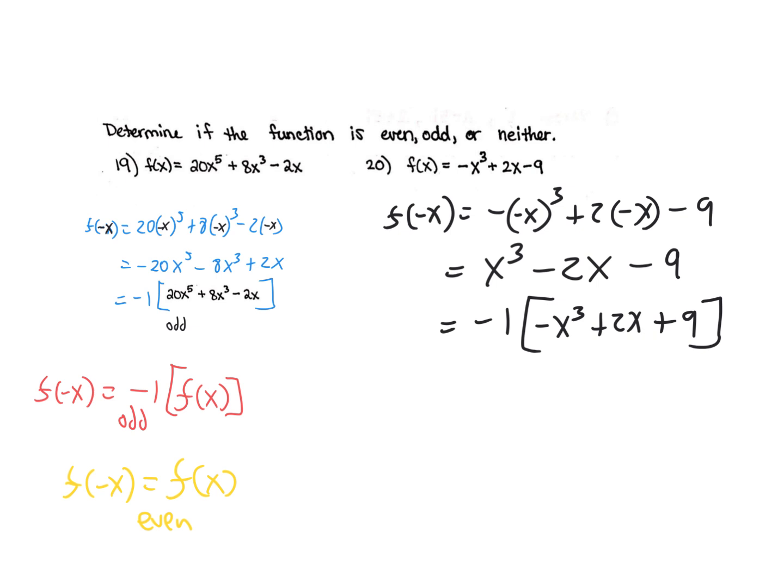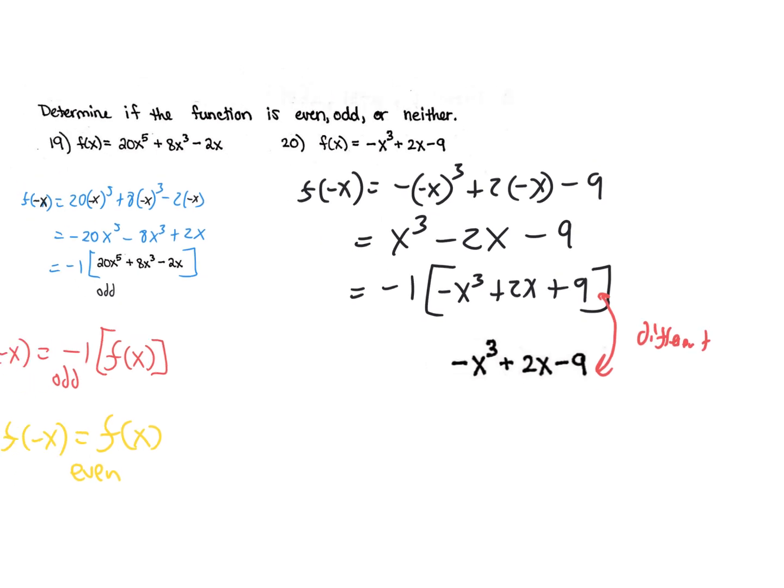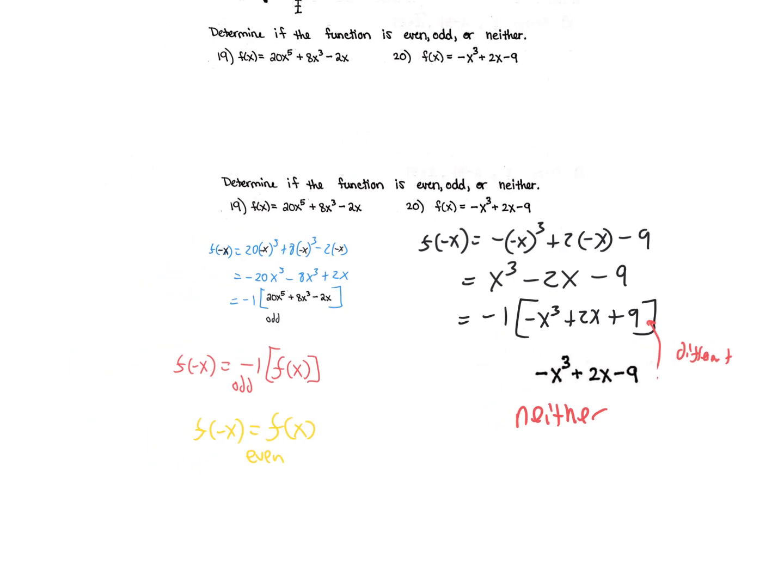So that does not match the original, because these are different. Therefore it's not odd, but it's also not even, right? Because after plugging in the negative x, it didn't churn out the original function again. So this is neither. Neither the yellow situation nor this red situation happened, so it's going to be neither.